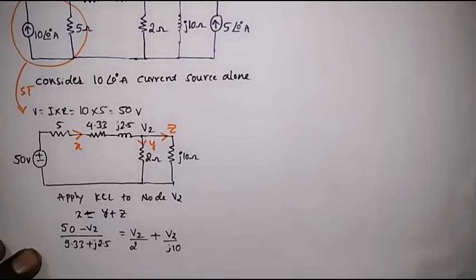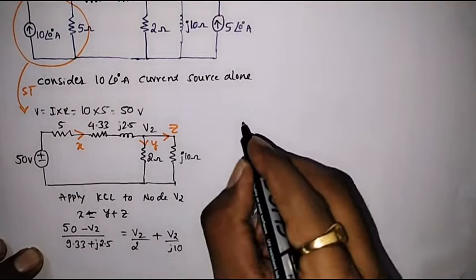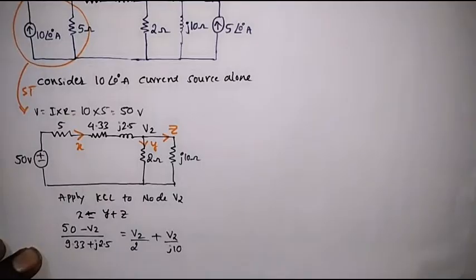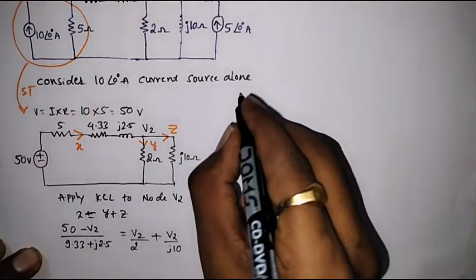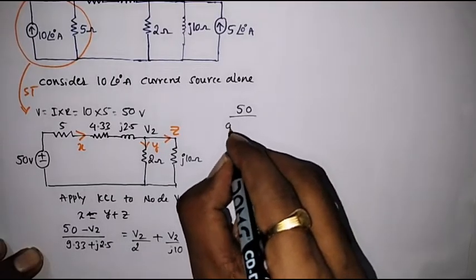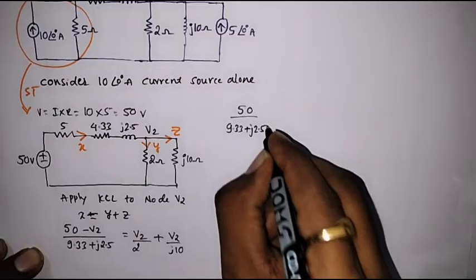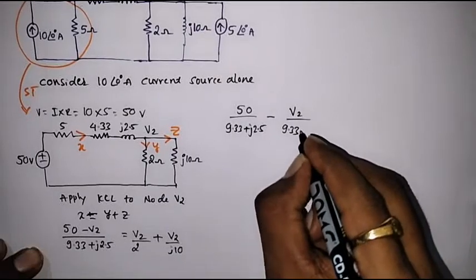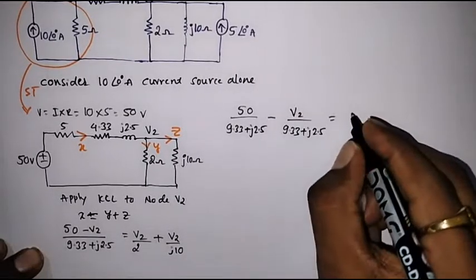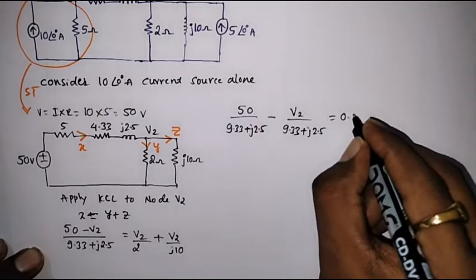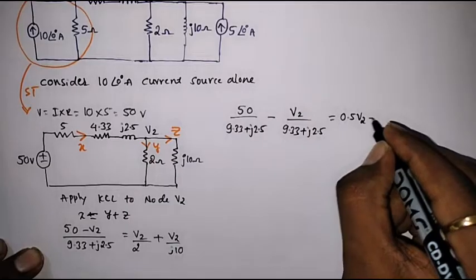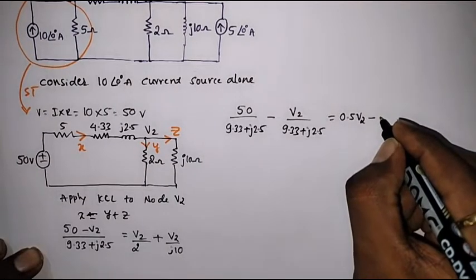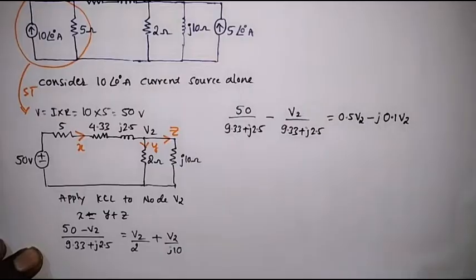We'll simplify this further. I can write it as 50 divided by 9.33 plus j 2.5 minus V2 divided by 9.33 plus j 2.5 is equal to 0.5 V2 minus, 1 upon j is nothing but minus j, 1 upon 10 is 0.1, that is minus j 0.1 V2.